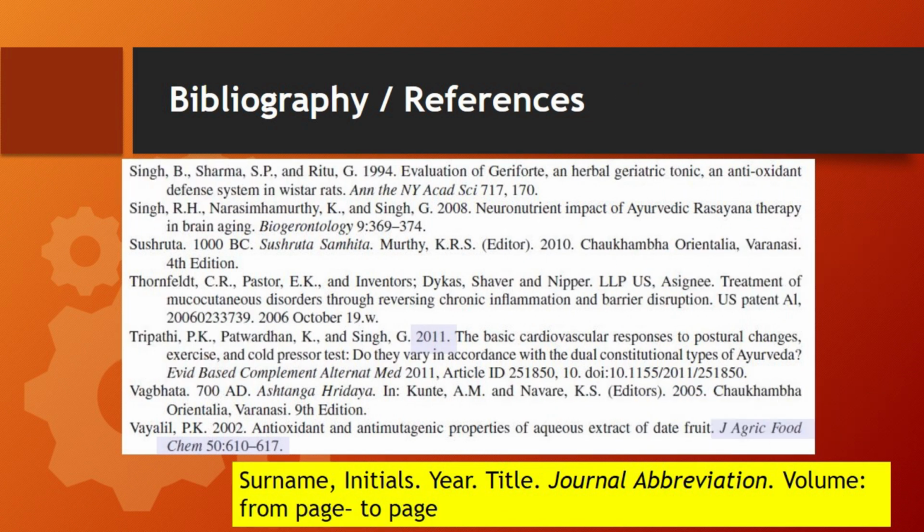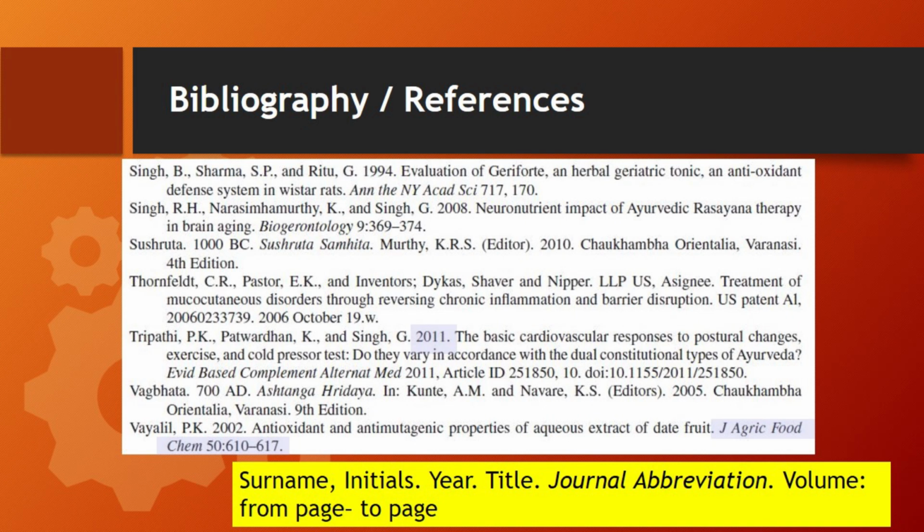Coming to the references section or bibliography section, here also different styles use different methods. For instance, in this slide I have shown the type of reference where it uses the surname, then initials, year, title, then journal abbreviation in italics, then volume, from page to page.